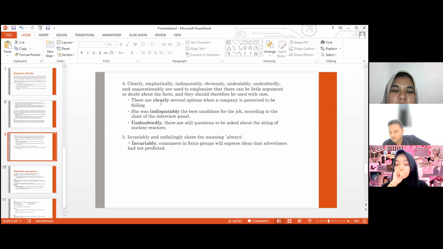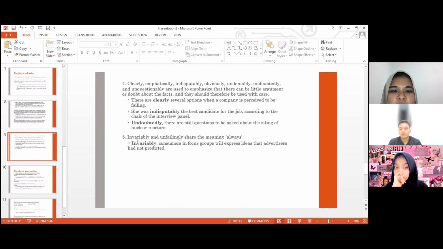The example is there are clearly several options when a company is perceived to be failing. The next is she was indisputably the best candidate for the job, according to the chair of the interview panel. And the last is undoubtedly there are still questions to be asked about the safety of nuclear reactors.